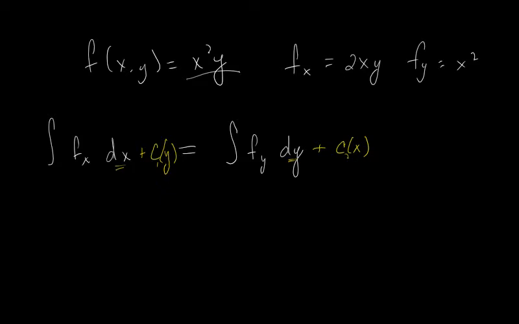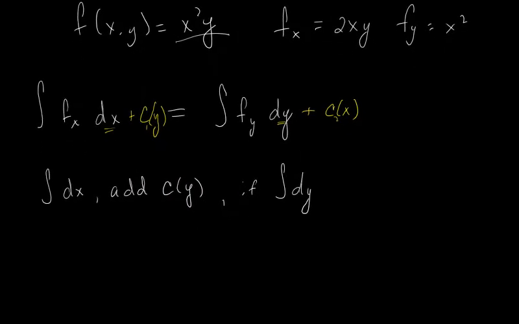But the idea is if I integrate with respect to x, I add a constant function that's a function of y. And if I integrate with respect to y, I add a function of x. So that's worth writing down. If we integrate with respect to x, we are going to add a constant function of y, so a function of y. If we integrate with respect to y, we want to add a function of x.